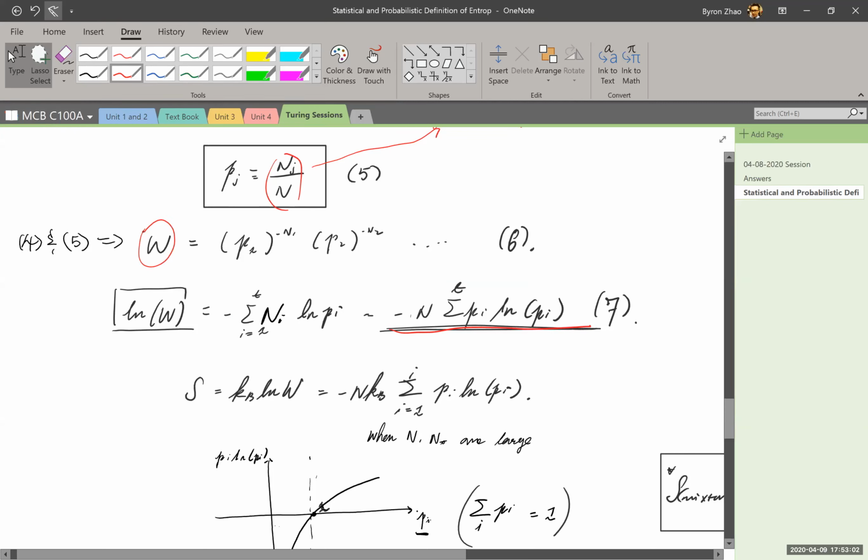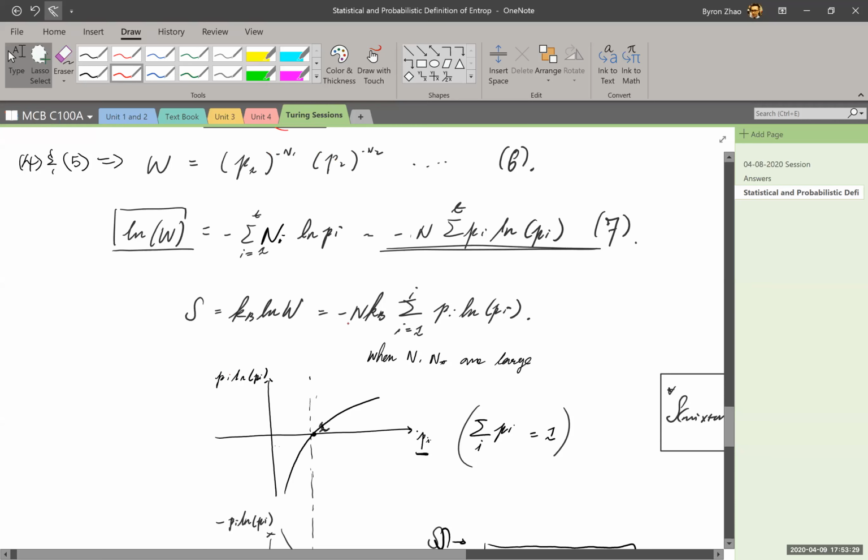We approximated it with Stirling's approximation and then rewrote it in this form. So if we remind ourselves of the statistical definition of entropy, which is S equals kB times ln W, if we substitute ln W with what we just came to, what we will get is negative N kB times the sum of the probability times ln of the probability.